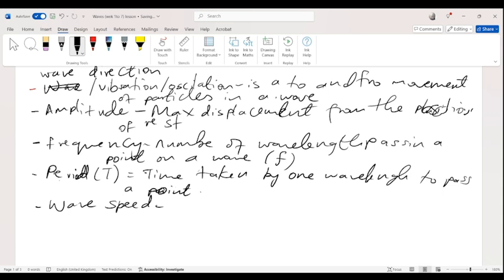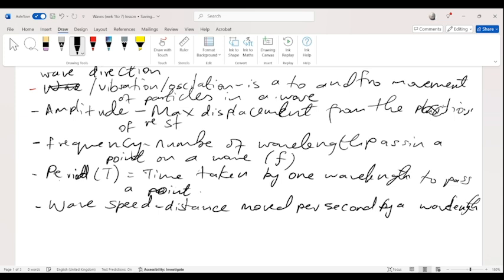Of course, it is the distance moved per second by a wave, a wavelength. Okay.